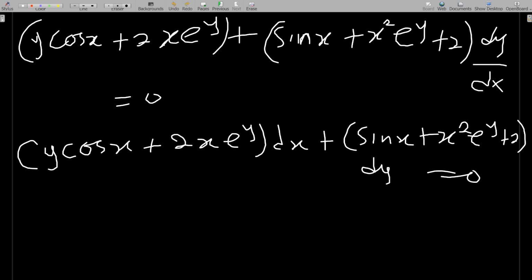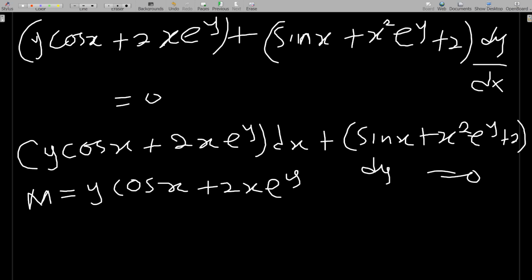I hope you remember that. So you can see that M is equal to y cos x plus 2x e to the y, then your N is equal to sine of x plus x squared e to the y plus 2.